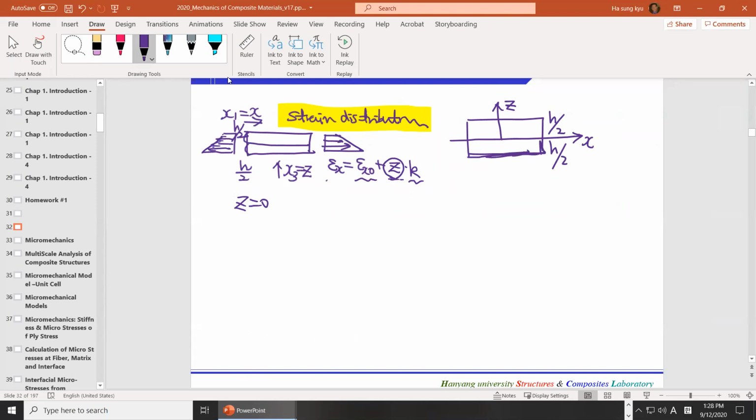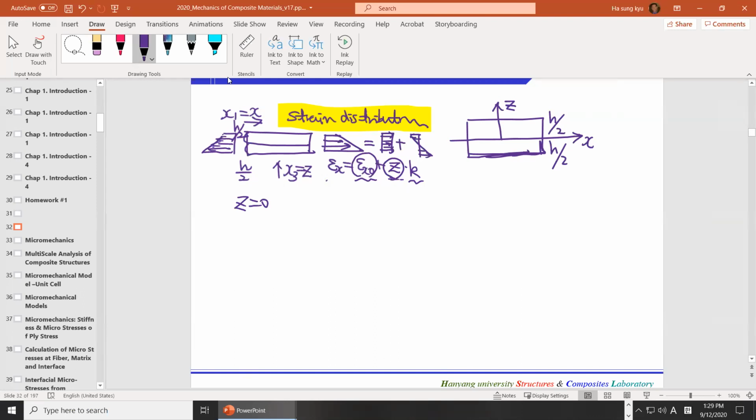Okay, so in this distribution, we can visualize it and divide it into two terms. It's like a uniform strain, corresponding to this term, plus zk, which means we have something like this kind of term.